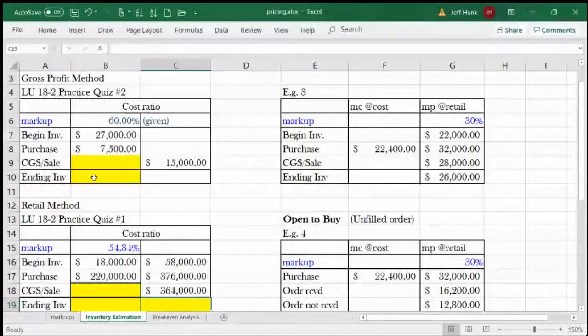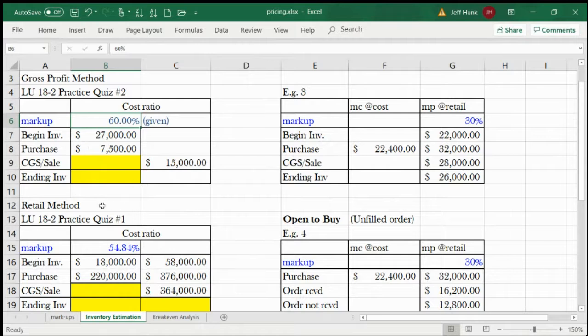So this example is slightly different because what you see here is not the markup rate based on cost. This is the gross profit method. And you remember there are two methods in inventory estimation. One is the gross profit method, and the other one is the retail method, right?